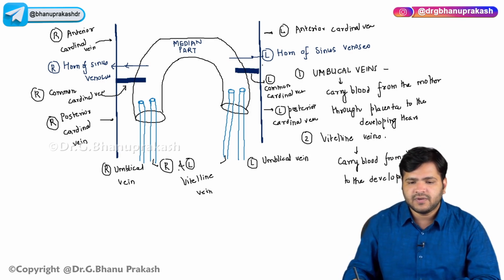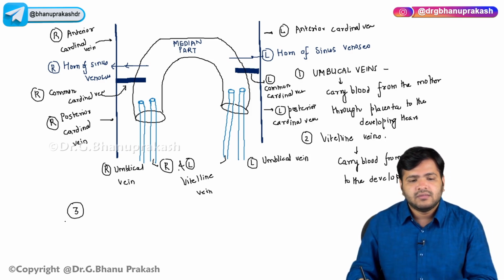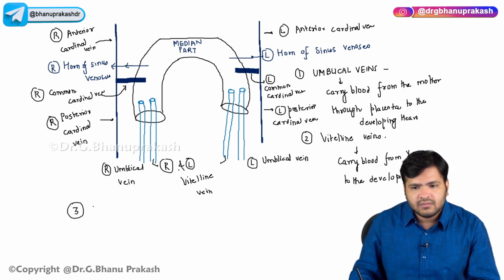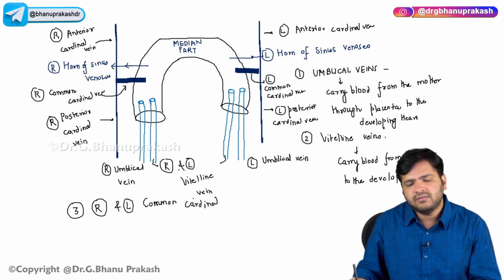So the third pair of veins you have to remember over here, I'm writing here, the third pair is the right and the left common cardinal veins.